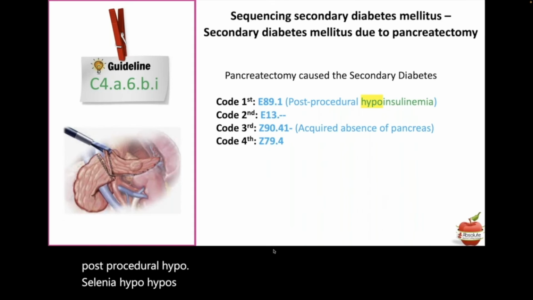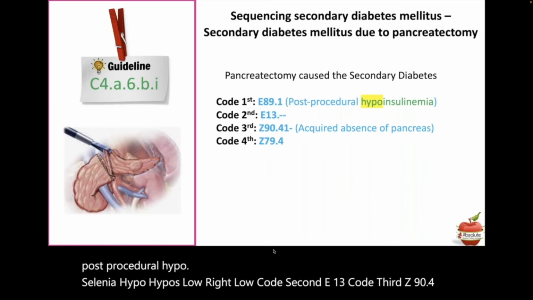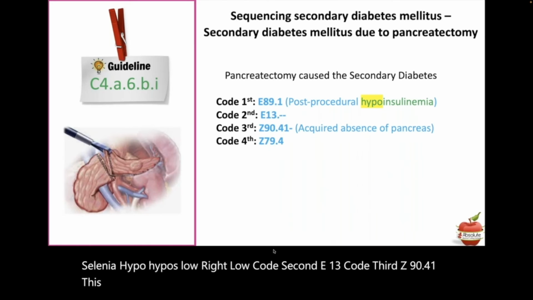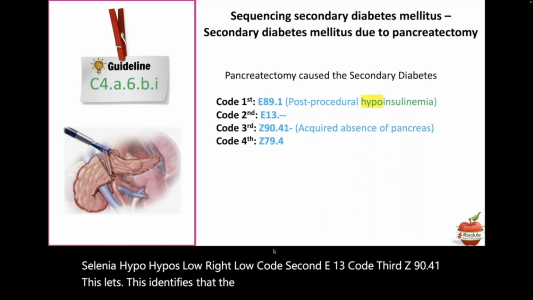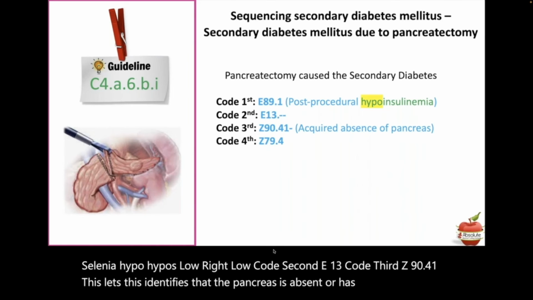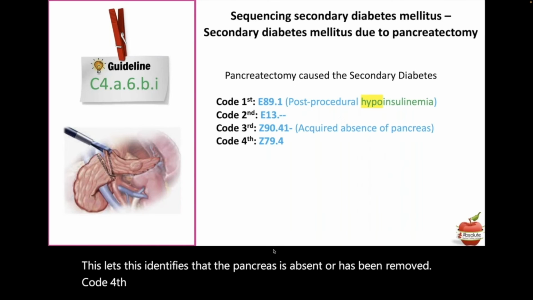Hypo's low, right? Low. Code second E13. Code third, Z90.41. This identifies that the pancreas is absent or has been removed. Code fourth, if applicable, code your insulin.